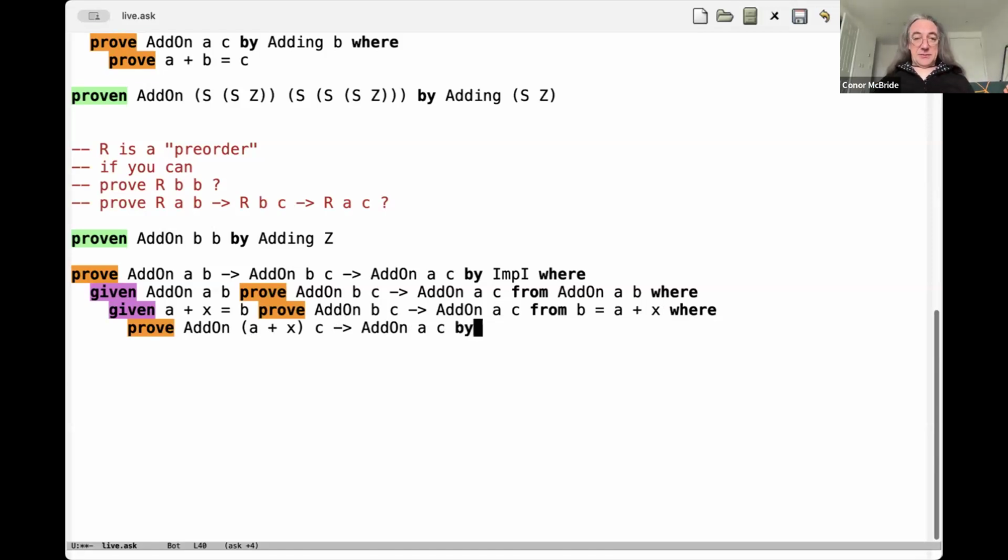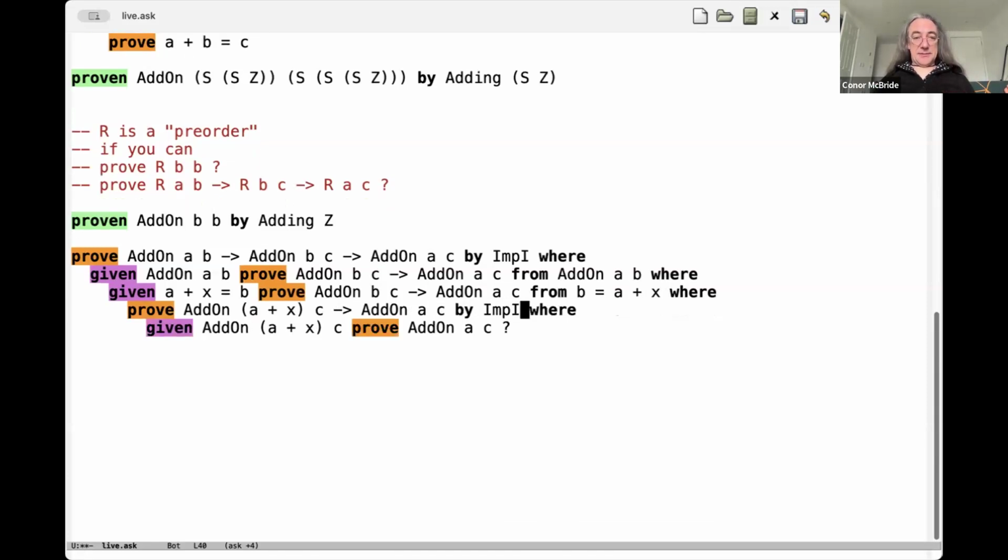Well, now I'll do implication introduction again. And I need, given this thing, to prove this thing. Well, I'm not quite ready to prove this directly yet because I don't know how to get all the way from A to C. But I know that I can get from A plus X to C somehow.